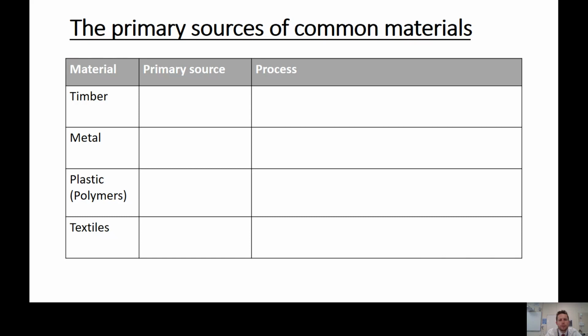And then we're going to have a very brief look at the process, so how it gets from being a primary source, a raw material, into a workable material, something we can make a product from. If teachers would like to pause the video for 2 or 3 minutes, I'd like the class to very neatly and carefully draw this table out. We're going to use it to take notes on today's lesson.